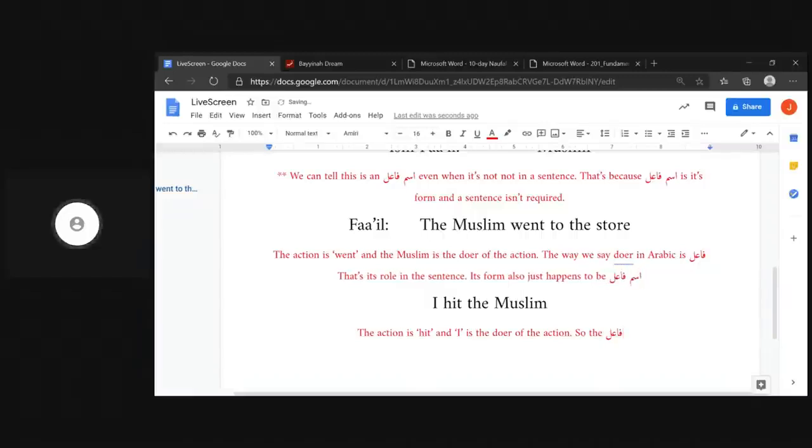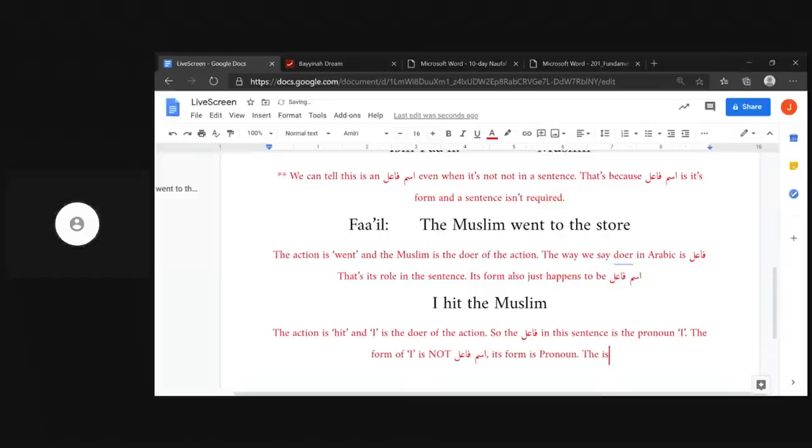Okay, so the fa'il in this sentence is the pronoun I. The form of I is not ism fa'il. Form is pronoun.